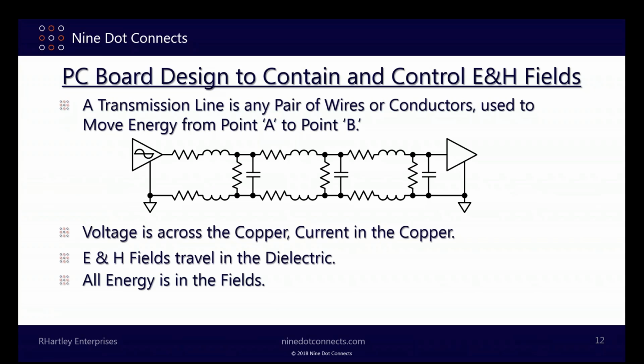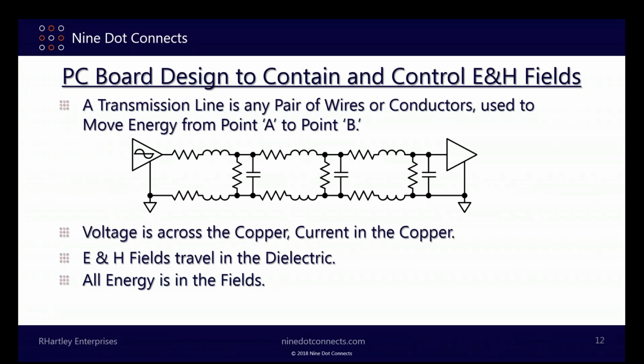So the energy is moving through the dielectric. I've heard many engineers in my career say, yeah, when you set up a transmission line like this, you shove current into the trace, and it goes down the line, is received at the load, and then the current returns back to the source through the ground plane. That is not at all what happens.